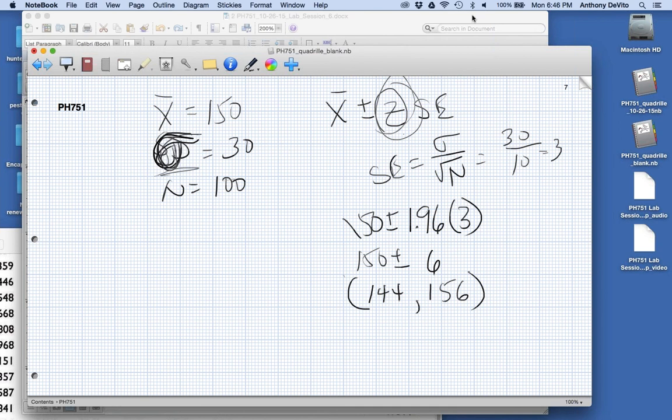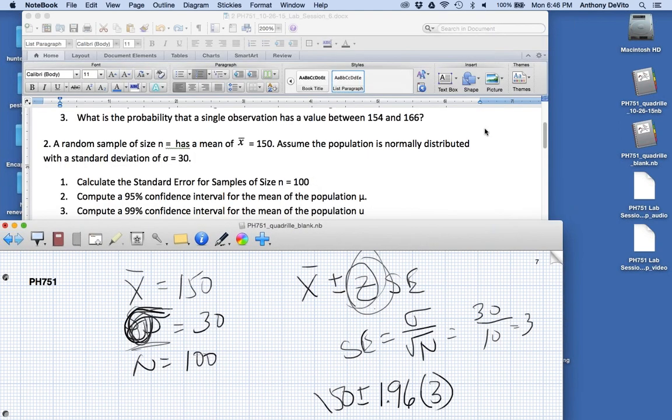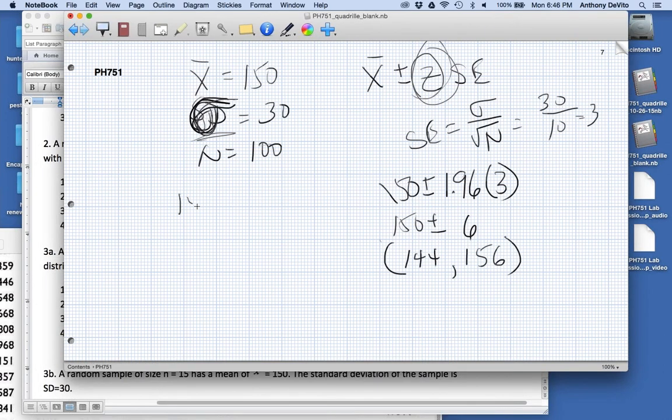Okay, so now what if I had asked, what's the 99% confidence interval? What changes now? 150 plus or minus 2.58, right, exactly, times 3.